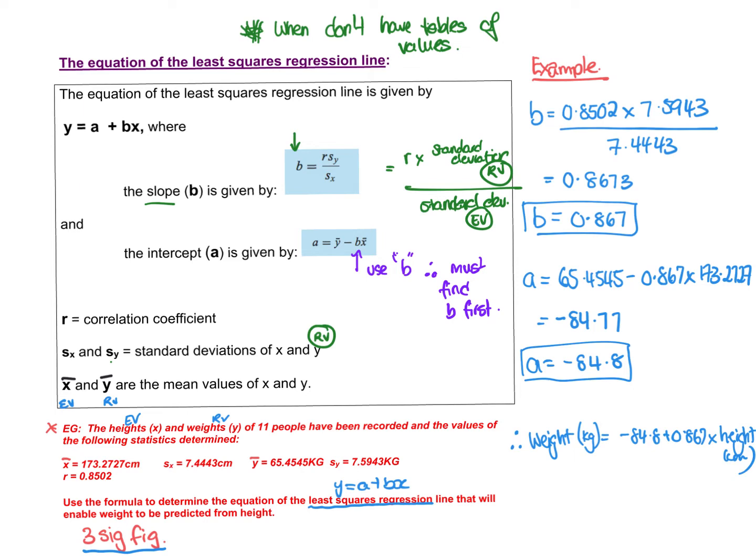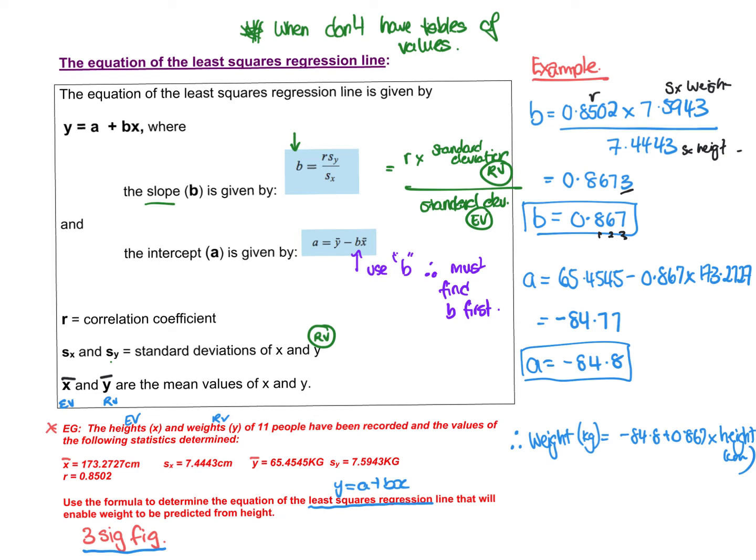So here's where I've done the working out. This is the R value they gave me, and this is the standard deviation of Y, which is weight, over the standard deviation of our height. So I found B. It says 3 significant figures, so I started counting as soon as I got the non-zero: 1, 2, 3. Because the number after the 7 is a 3, I don't need to round up.